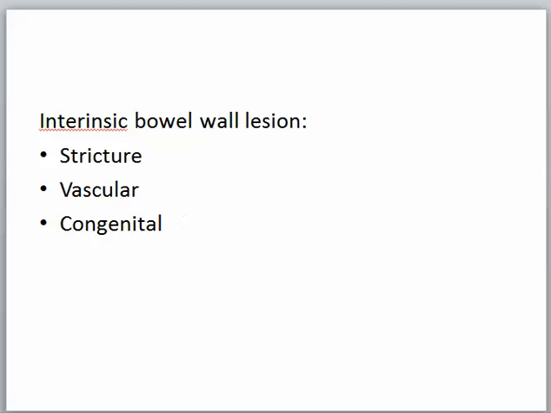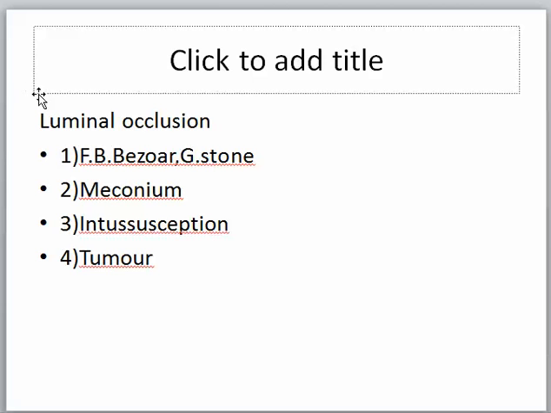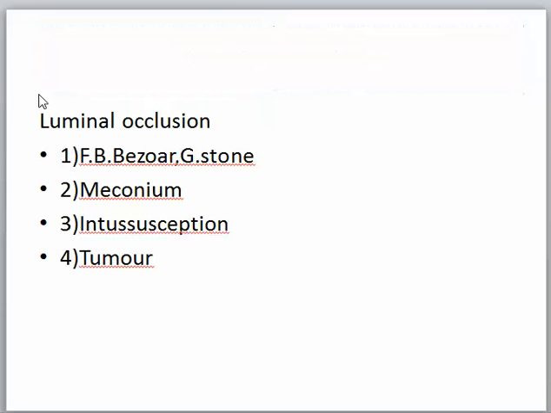To repeat again the causes of intestinal obstruction, we have extrinsic causes due to adhesions, hernias, volvulus, and we add here the bands like superior mesenteric artery syndrome. The second is luminal occlusion, as in bezoar, intussusception, and lastly tumors.